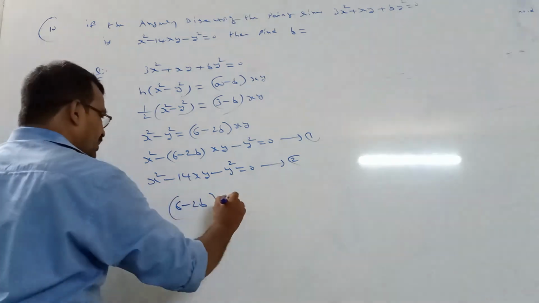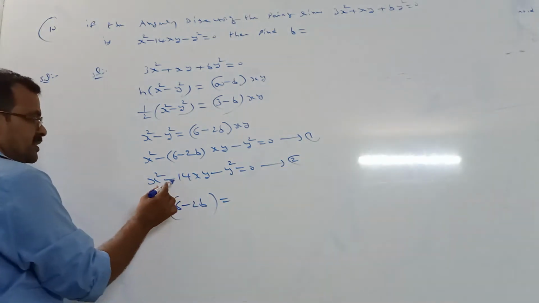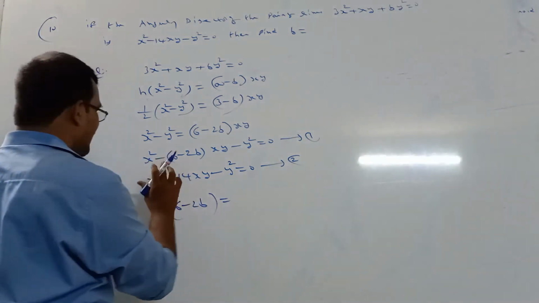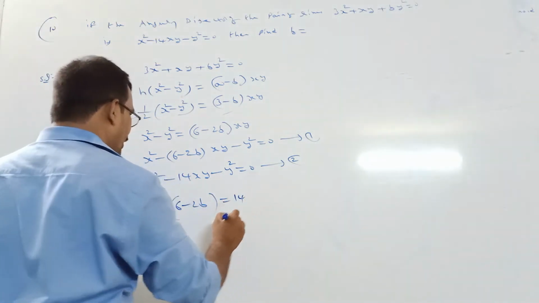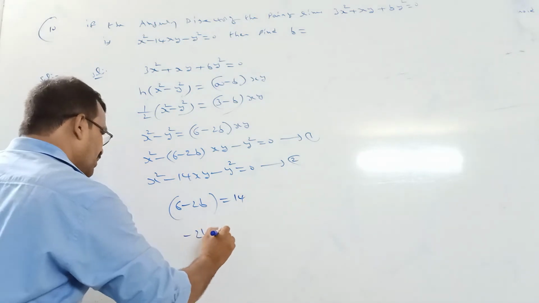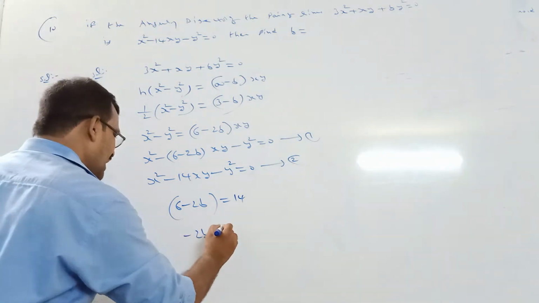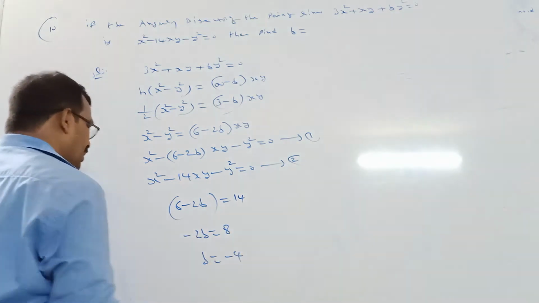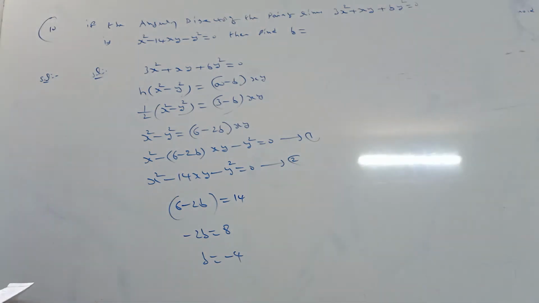So 6 minus 2b equals, here the xy coefficient is minus 14. Both minus signs cancel, so that is 14. So obviously minus 2b equals 14 minus 6, which is 8. So b equals minus 4.